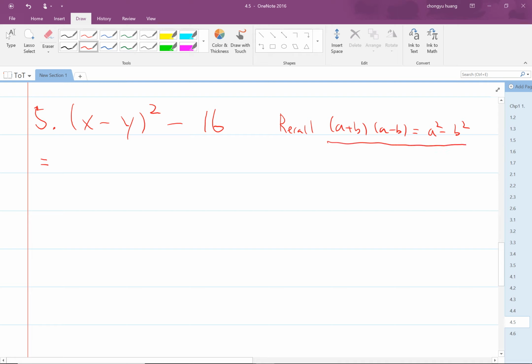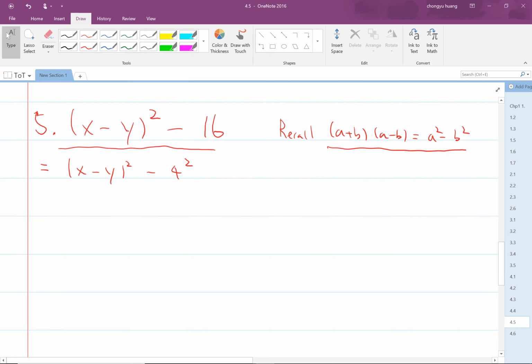Over here, the question we have is bracket x minus y to the power 2 minus 16. You can rewrite this as x minus y squared minus 4 squared. 16 is a perfect square, 4 squared.